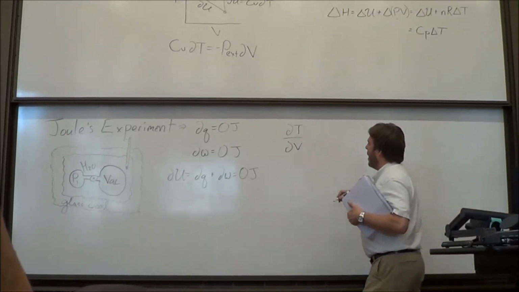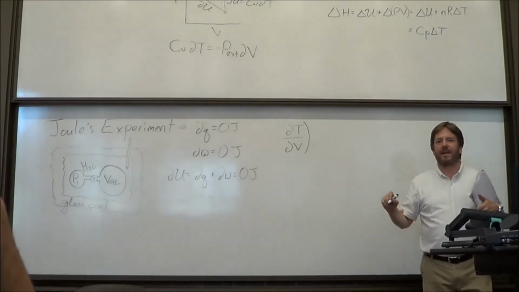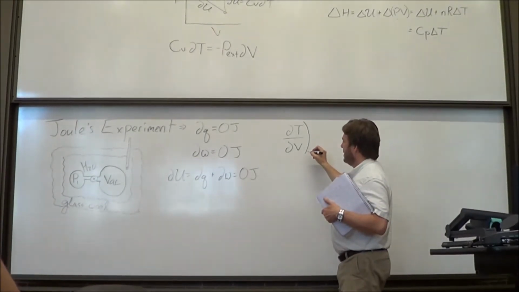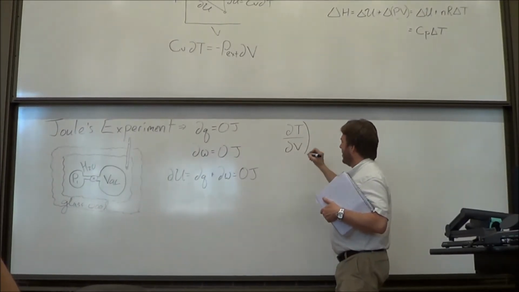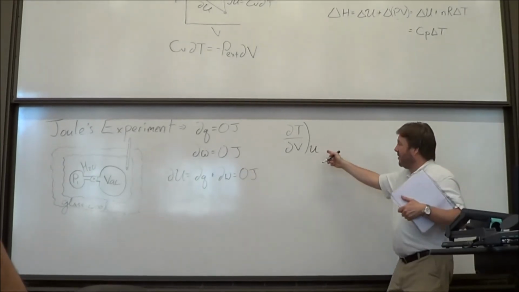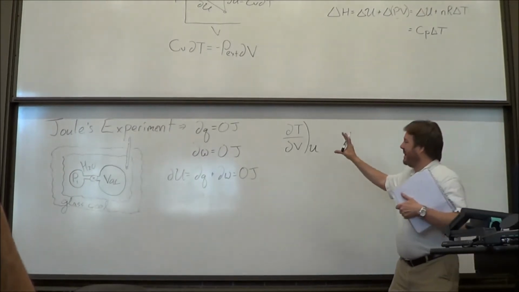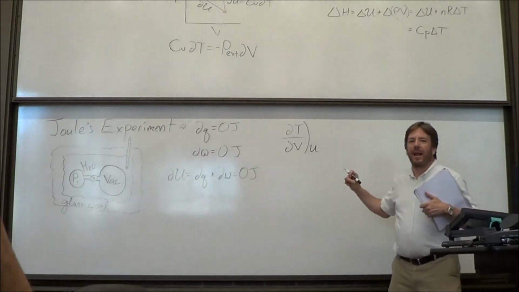Now, as always, I need to hold something constant, but I've been blabbering about that for 5 minutes. What do I hold constant? No, pressure is definitely not held constant. U. This is a really strange thing to try to ascertain, but that's why he did it. This is weird, but if his theories are correct, he's going to get the right answer.